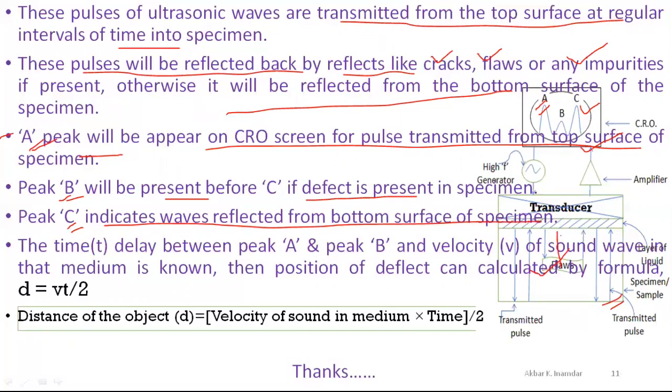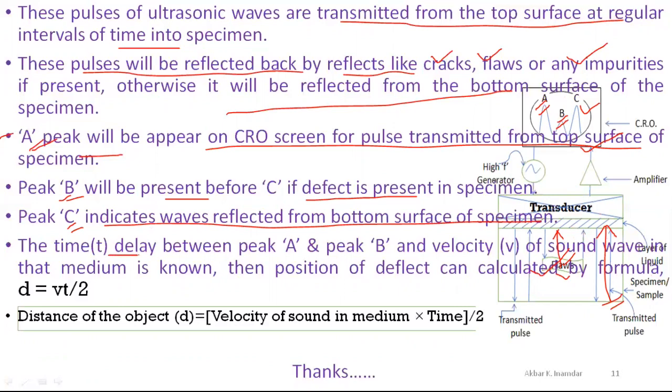So B comes before C, as the waves reach the point B because they travel less distance. It sees the dissimilar boundary formed by flaws or defects, which are impurities present in the material. So B will be coming before C.